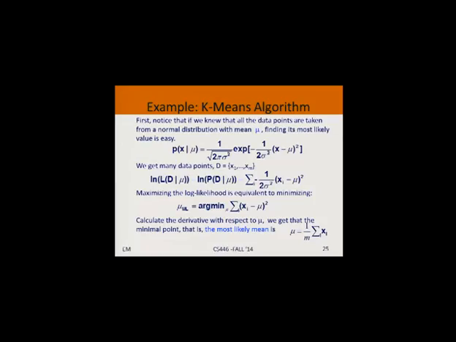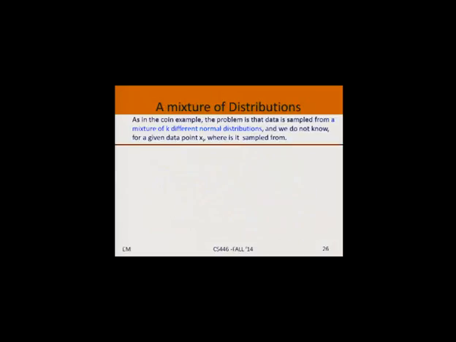And now we want to generalize it to the case where we don't know which mean generated each data point. So we have k options. Just like in the coin example, the problem is that the data is sampled from a mixture of k normal distributions, and we don't know, given a point, which distribution it came from. So we're going to follow exactly the same procedure as before, only with a different probability distribution.